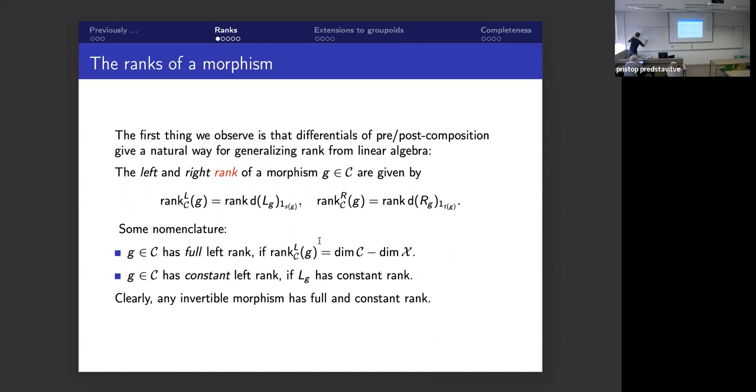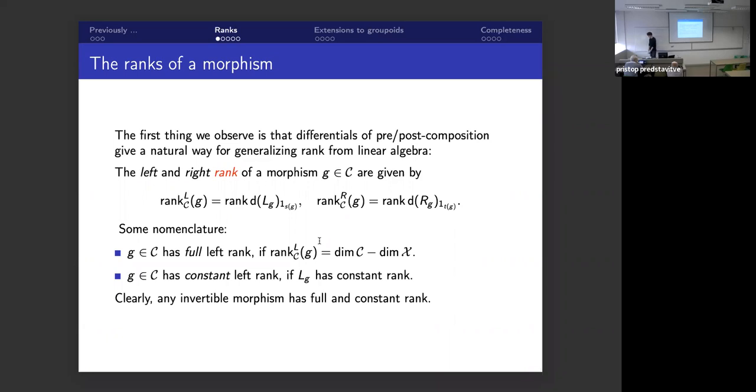It's a map between target fibers, as already said, and this is going to be a submanifold of codimension X in C, and the same holds for this one. So that's the maximal rank of this map, if you will. So we're going to say that a morphism has full rank if this holds, and we're also going to say that it has constant left rank if the precomposition map by G has constant rank.